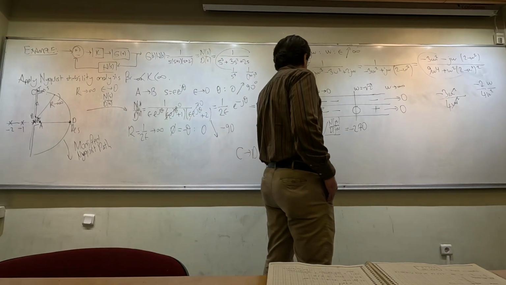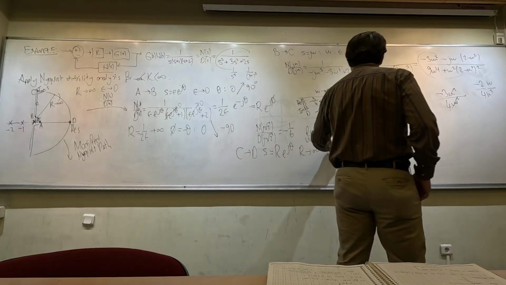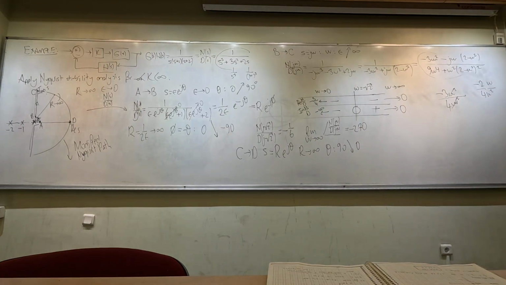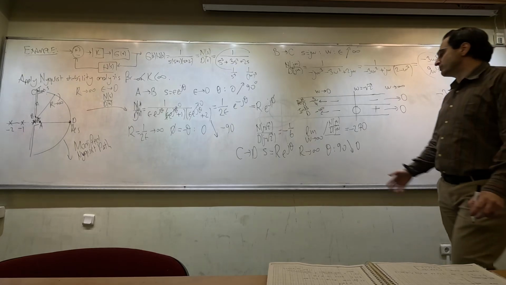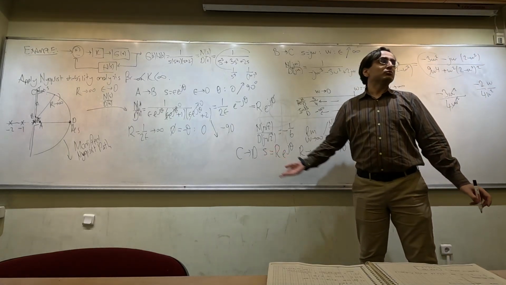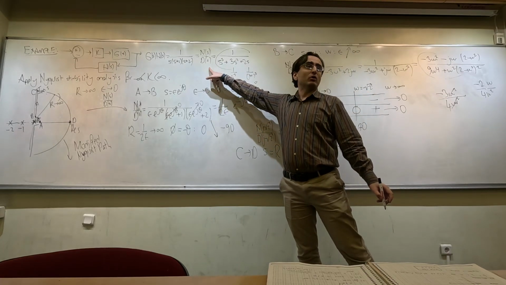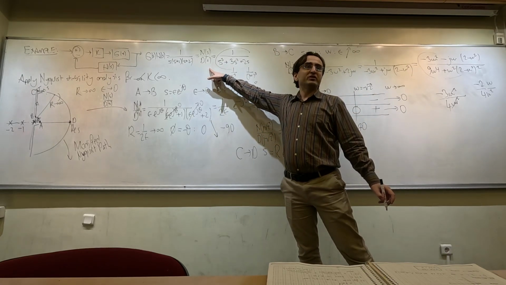R would go to infinity, and theta would start from 90 degrees and decrease to 0 degrees. In this case, you really do not have to do much. We see that s would go to infinity, and that actually means that this ratio is going to go to 0.